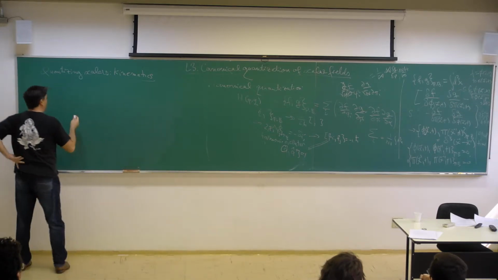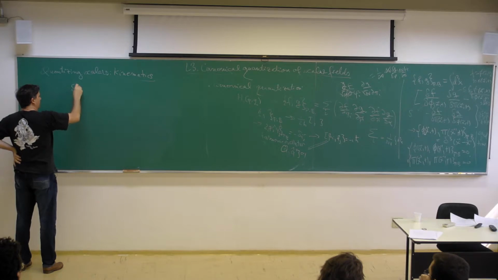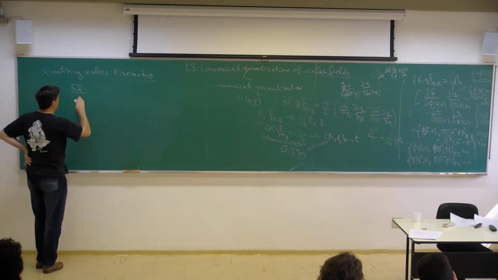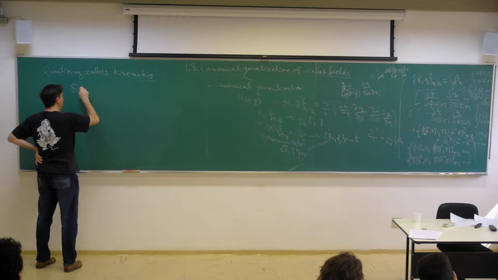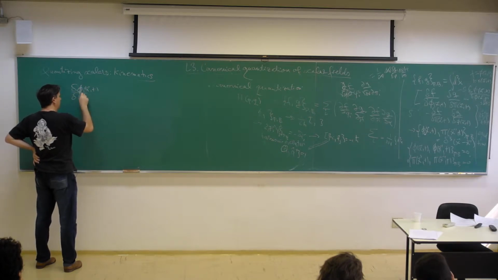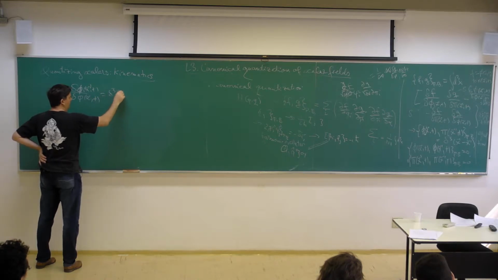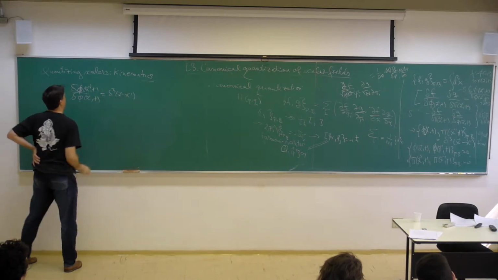Do this example here. So I said delta phi of x and t with respect to delta phi of x prime here, x and t is delta 3 x minus x prime.